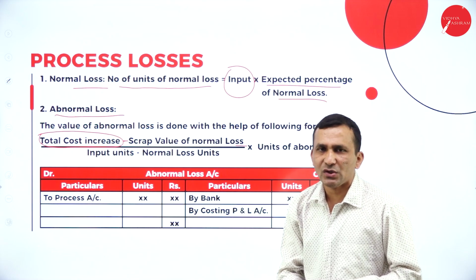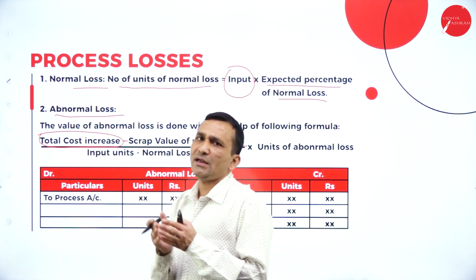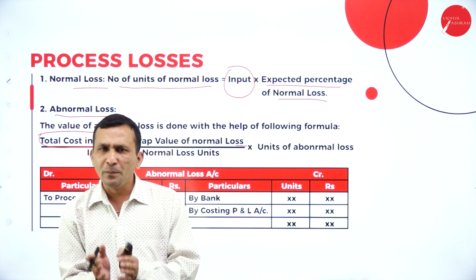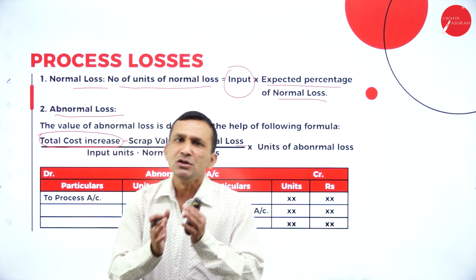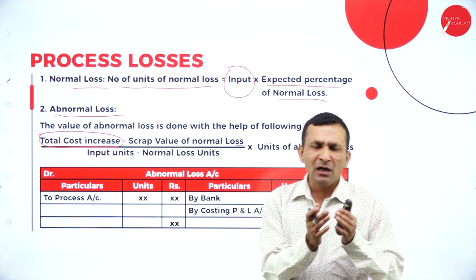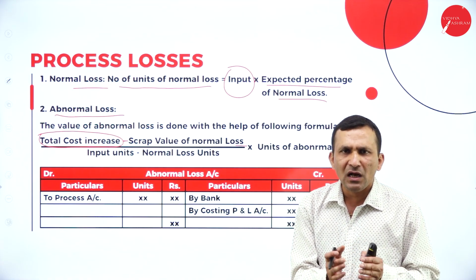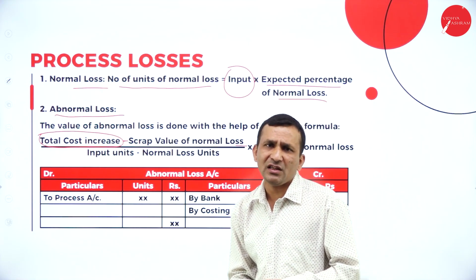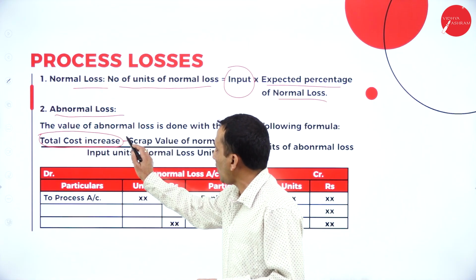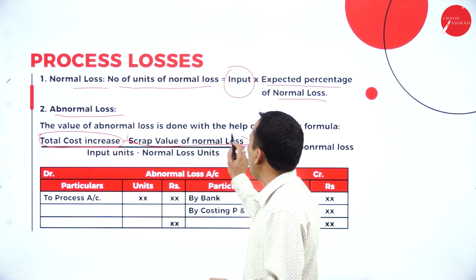Scrap value means you have identified the normal loss, 2% of the total units, for example 200. Once you find the normal loss, you are going to sell it, so of course you can recover the money, which is called the scrap value of normal loss.